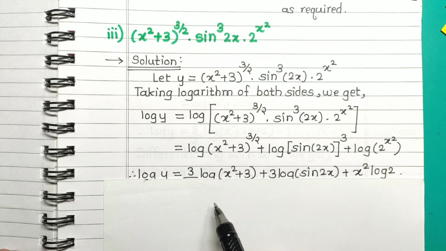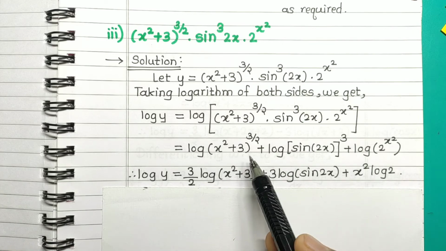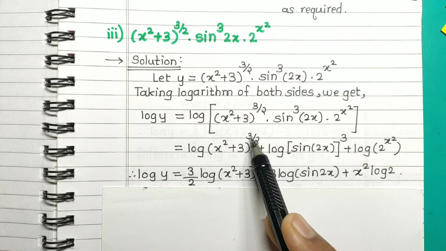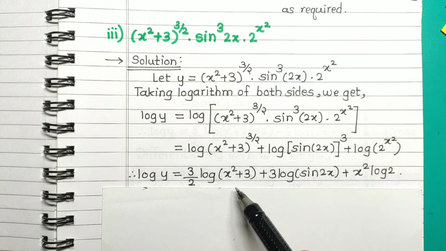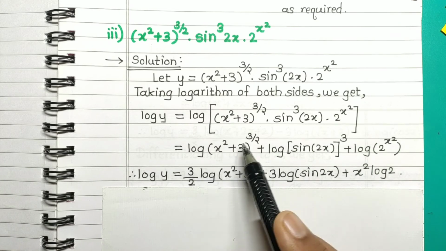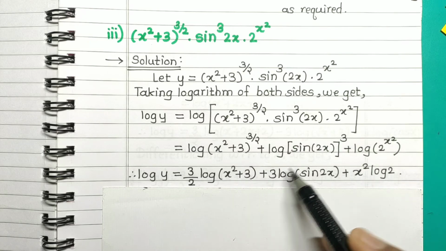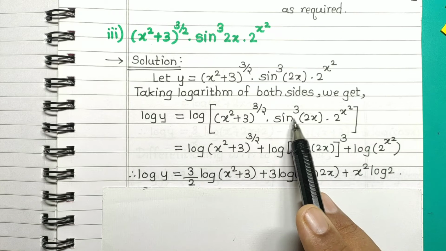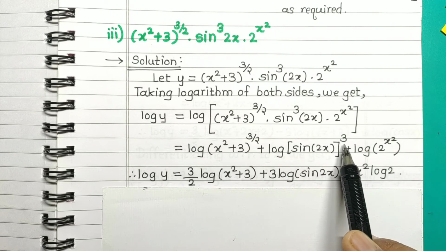So here we have log y is equal to, again here we are going to multiply this exponent to the log term using the law of exponent. So 3 by 2 into log of x square plus 3 plus, here we can write sine cube of 2x as (sine 2x) bracket cube.